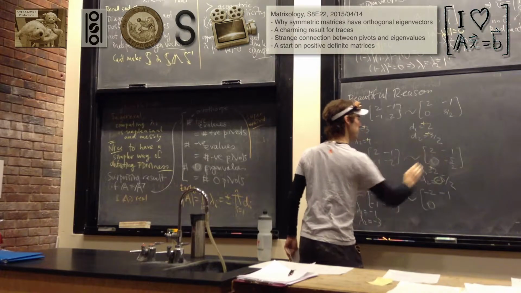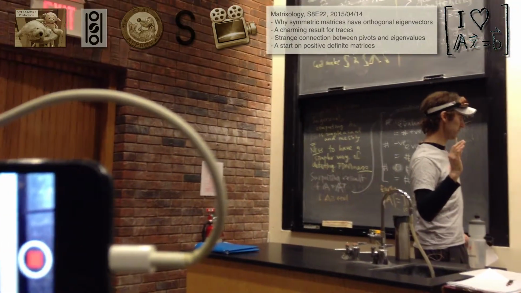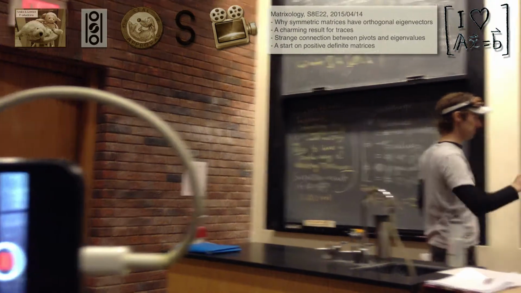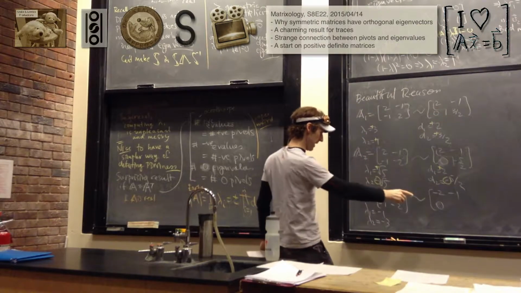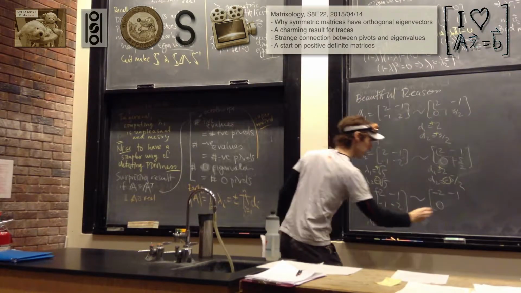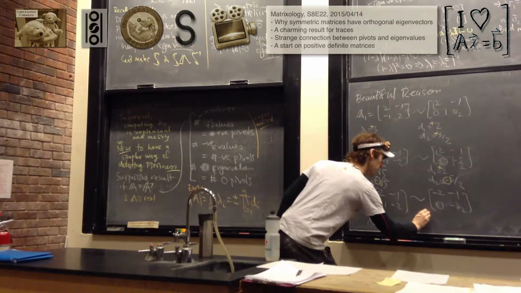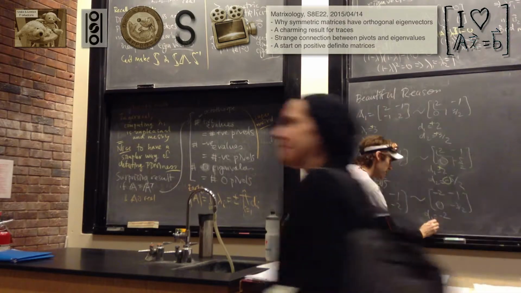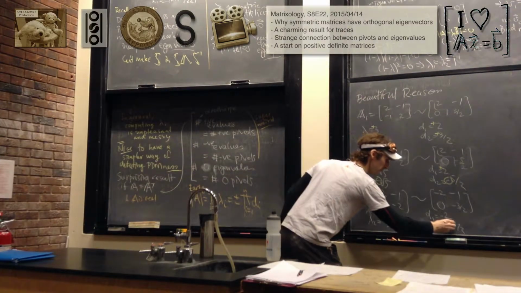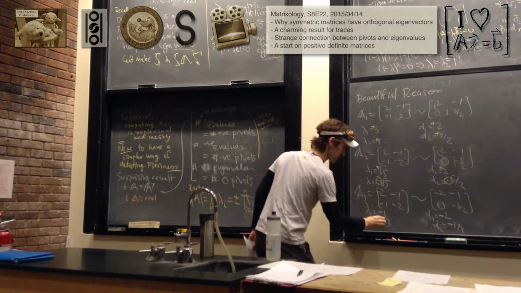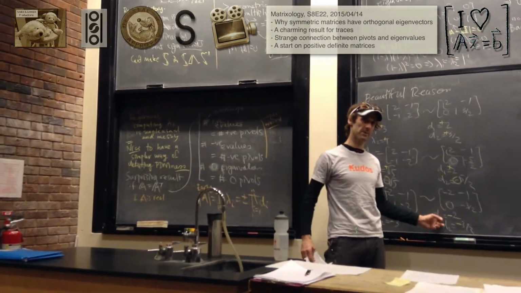Sorry, that's a 0. Otherwise, that's a 0. So that's the whole point of row reduction. And we've got that one, and then we're going to subtract this off, so it'll be minus 3 halves. And so we get D1 equals minus 2, D2 equals minus 3 halves. And so that's our matching in. Minus, minus, minus, minus. Okay, so the signs of the eigenvalues match up with the signs of the pivots.